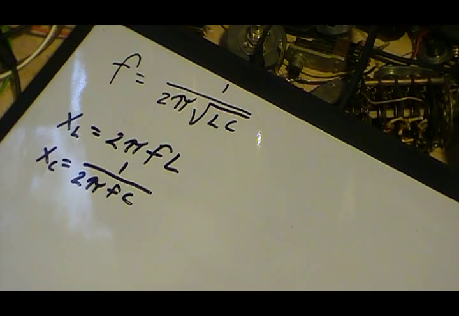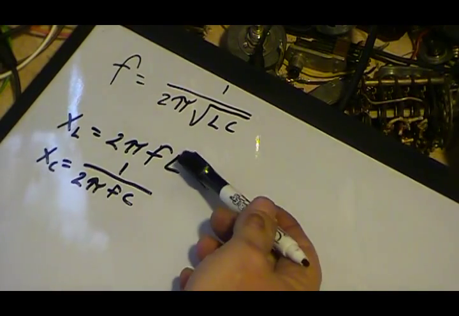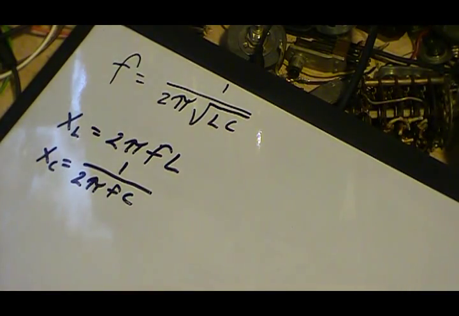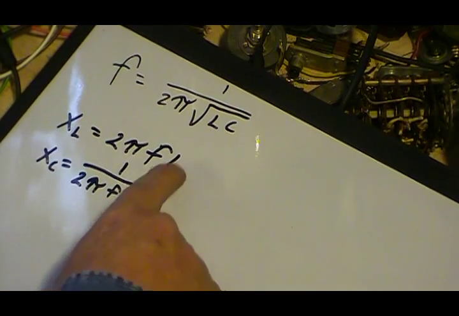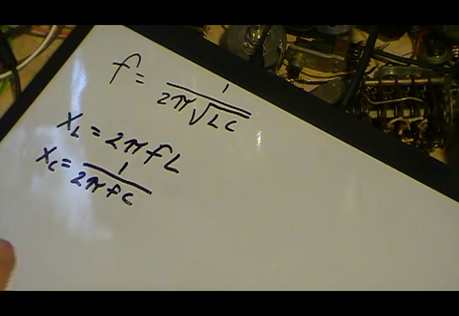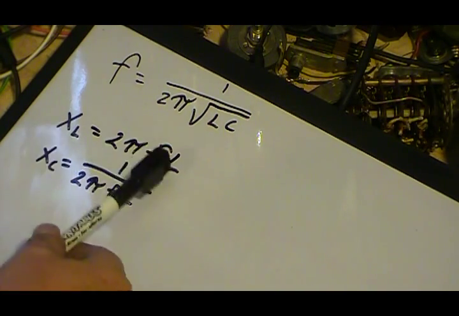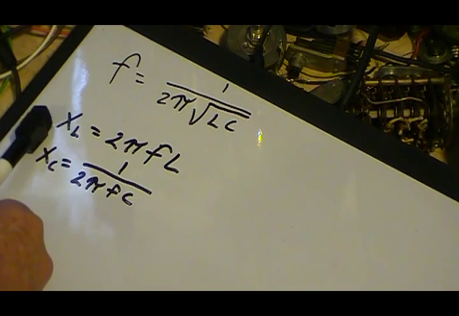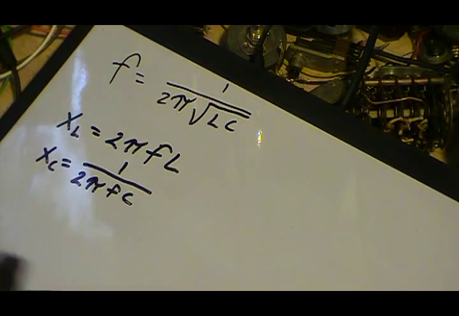This is dealing with AC circuits, and an AC signal, a sine wave or whatever, is always changing, and either the capacitor or inductor doesn't like change. They want things steady state. So what these formulas do is figure out how much resistance they have to that change.